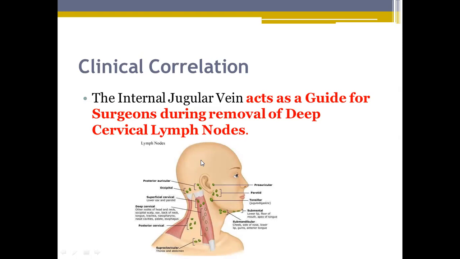So this is about the applied anatomy related to the internal jugular vein. It is a very small topic. You have to remember the commencement of the internal jugular vein, the relations of the internal jugular vein, and very, very important are the tributaries of the internal jugular vein and the clinical correlation.